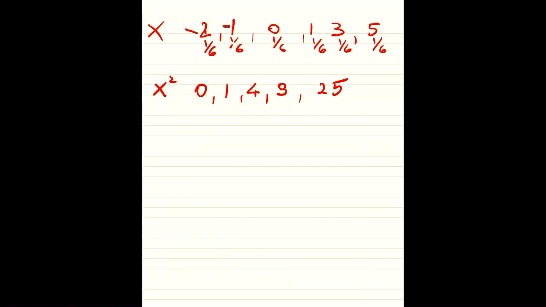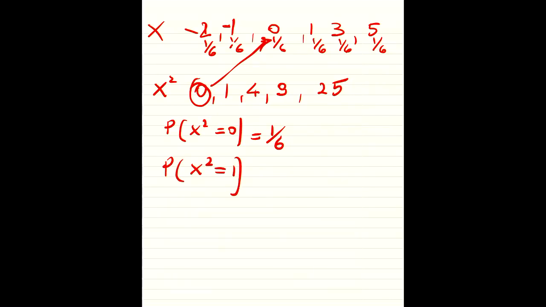How? What do I have to do? It's very easy. So what's the probability that x squared is equal to 0? 1/6, because in order to be equal to 0, x must be equal to 0. But what is interesting is, what's the probability that x squared is equal to 1?